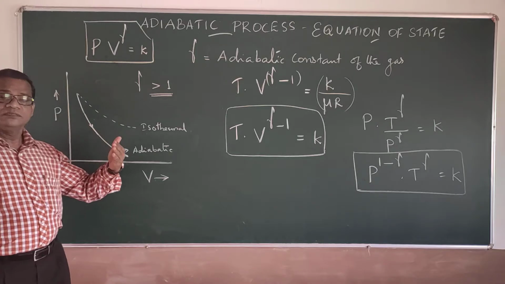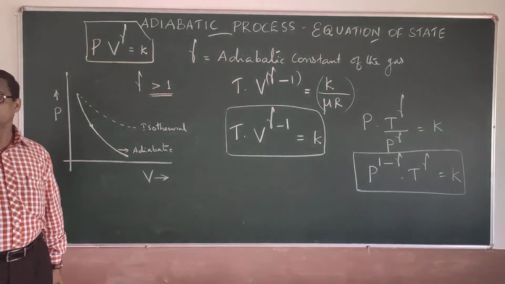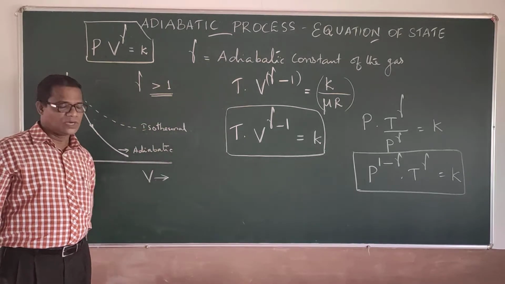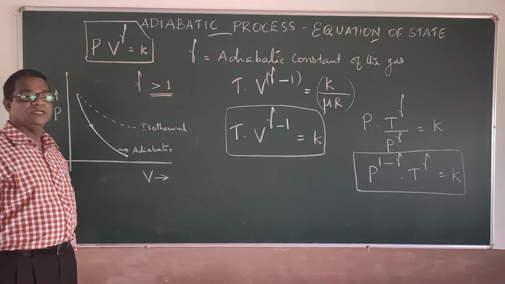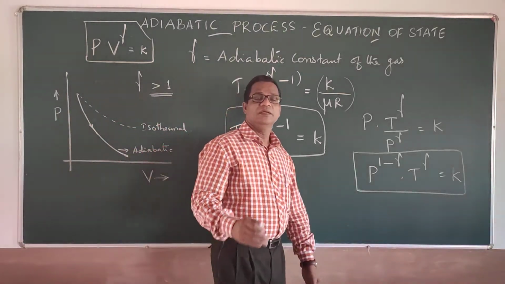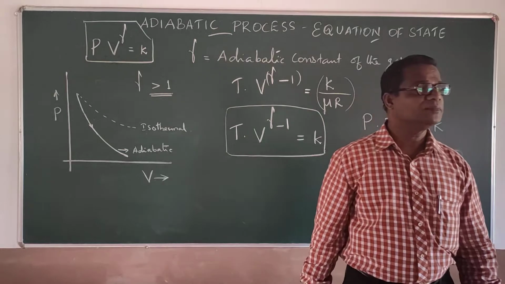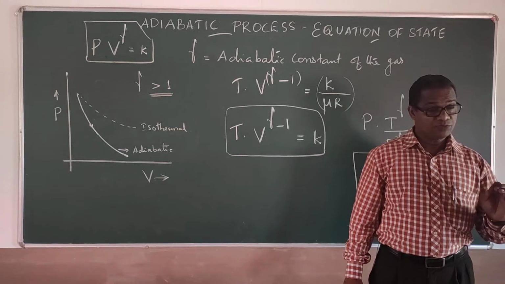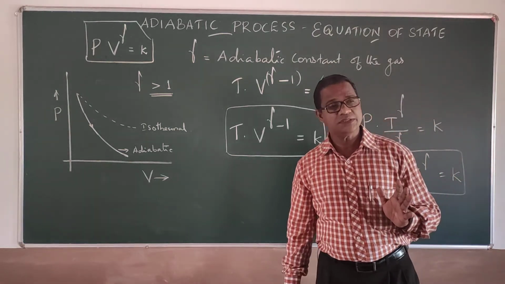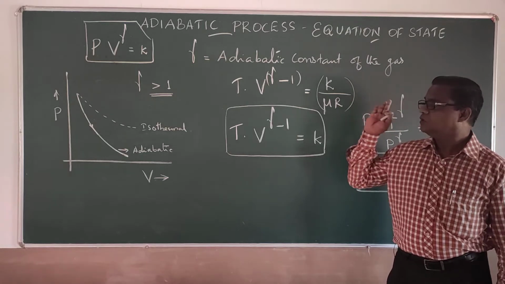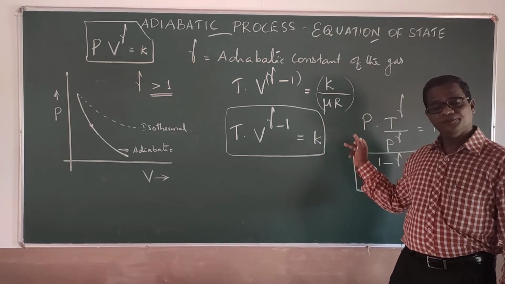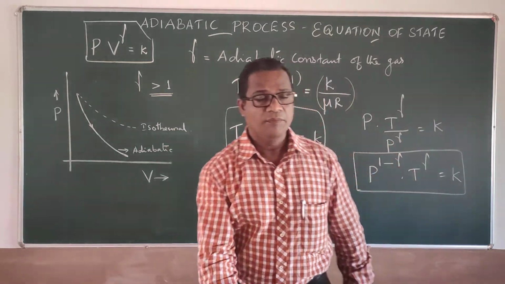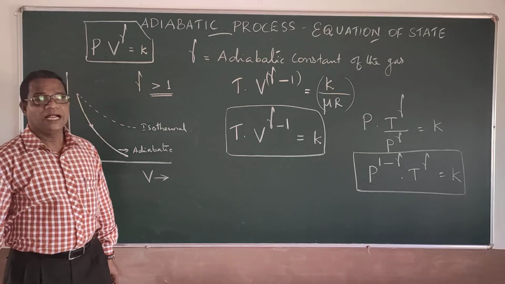So whichever the type of gas be, the nature of the gas be, the adiabatic constant for the gas is always going to be greater than 1. Therefore, the graph slope will be a little larger than that of the isothermal process. So adiabatic process is a very, very important process. So equations of state three and indicator diagram, these are the main points to be noted for adiabatic process.